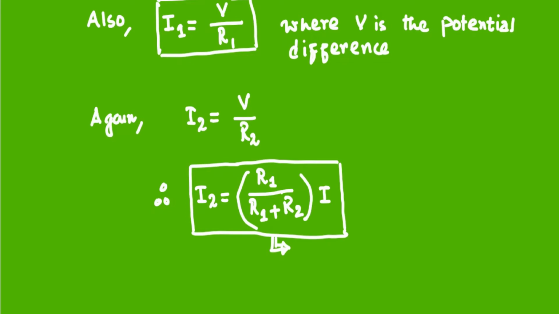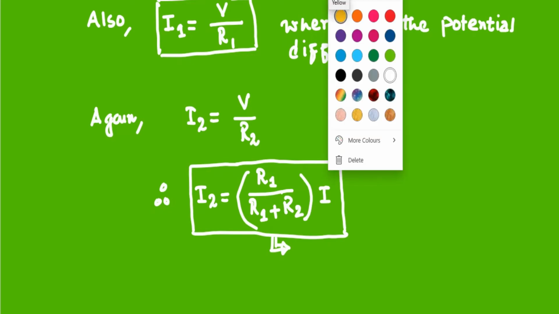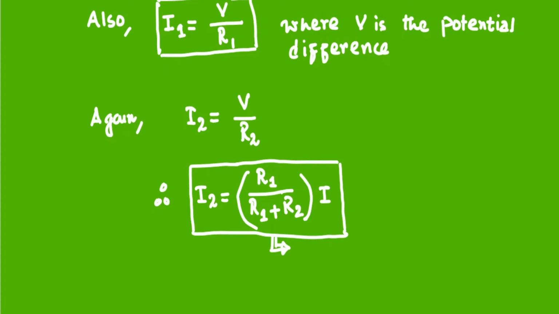I2 equals R1 divided by R1 plus R2 into I. That is the current flowing through the resistance R2.